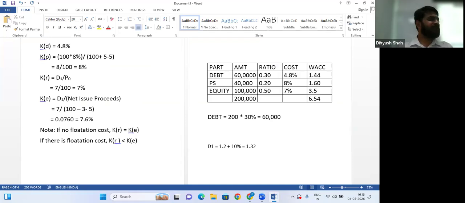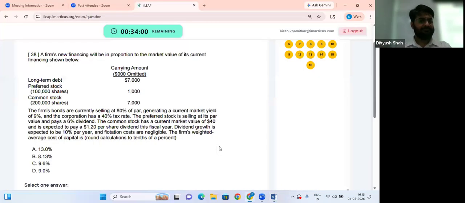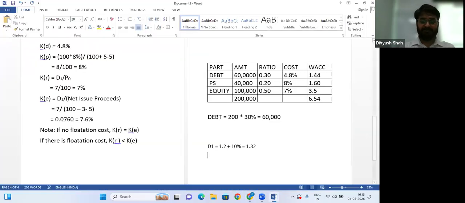Then you can do 1.32 divided by whatever is the price, 40, 40, na? Plus 0.10. So what will be the cost of equity? I'm just showing it to you how it is supposed to be done. So D1, 1.32, divide by 40. You never write the growth in percentage.